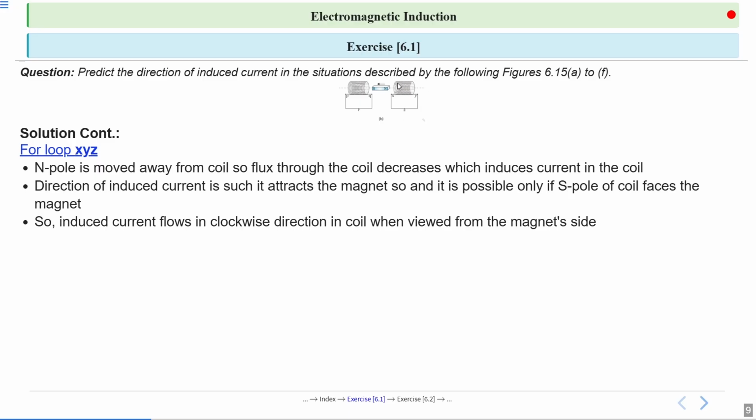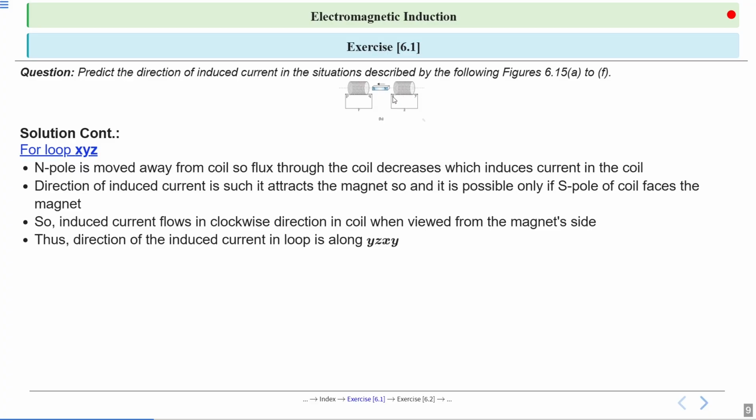If at this end, on the side of the magnet, south pole is generated, then on the other end, north pole will be generated. North pole means anti-clockwise direction. So like this, it will go like y, z, x, y. You can see the direction by this only. So the direction of the induced current in the loop is along y, z, x, y.